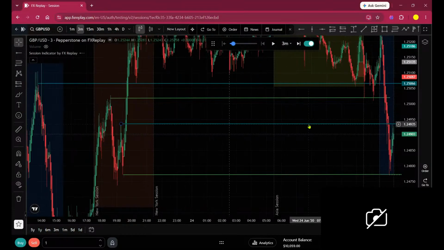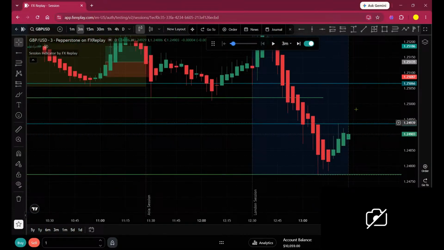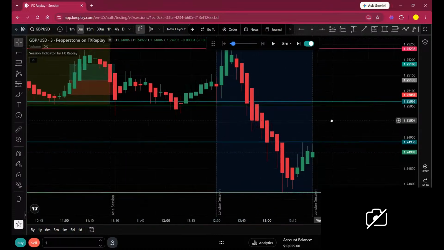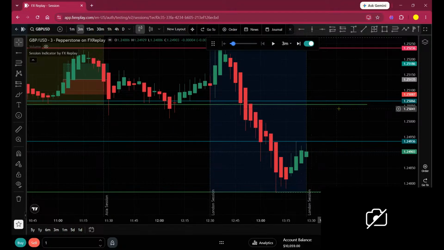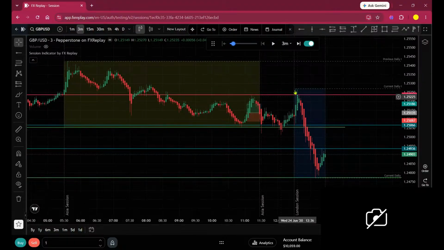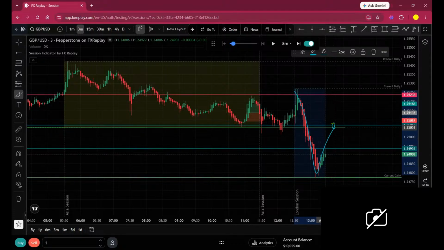Market can support here and then go down, but based on my strategy, market will come here. This is the fundamentals: if the London is low, London will try to retrace up to the Asia low, and then again market will fall. So now it is in low, market will come up to retrace here, and then it may fall down like this. This is what I think.